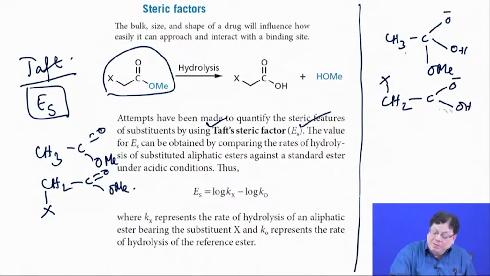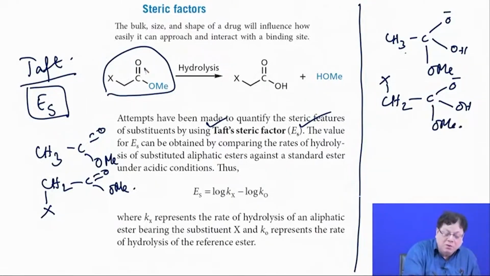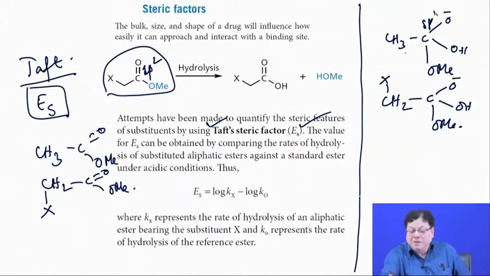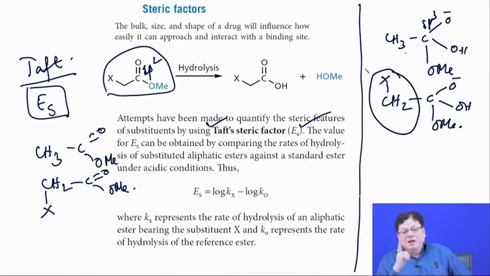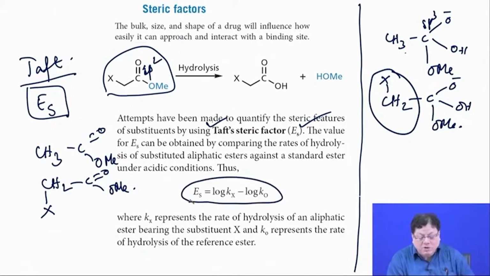Now, these intermediates will be sterically more crowded, because you started with sp2 carbon, now this is sp3. So, the more steric bulk it has, the less will be the rate of hydrolysis. That is the way you can quantify the steric factor. So, basically it is nothing but the difference between the two rates of hydrolysis.